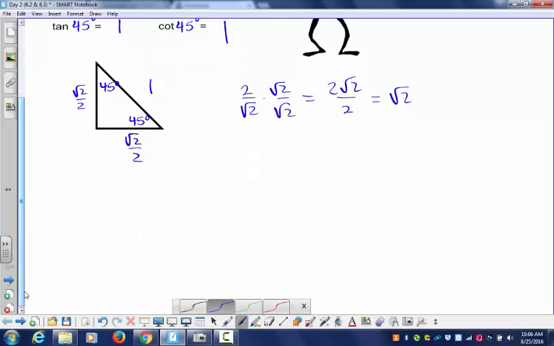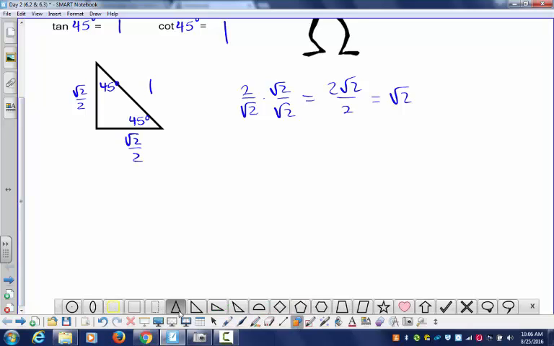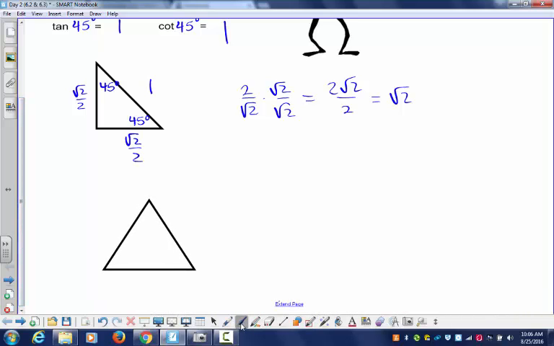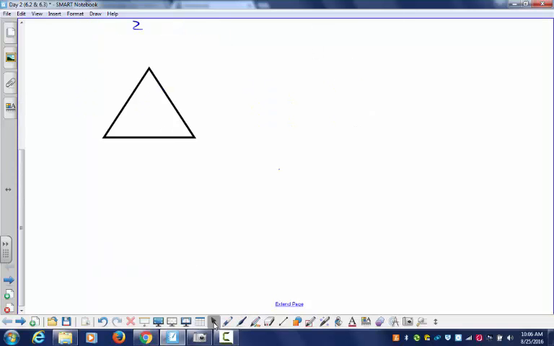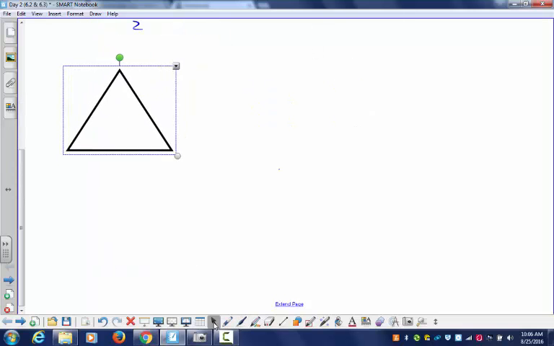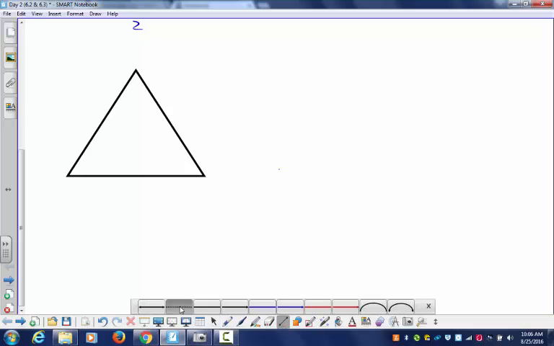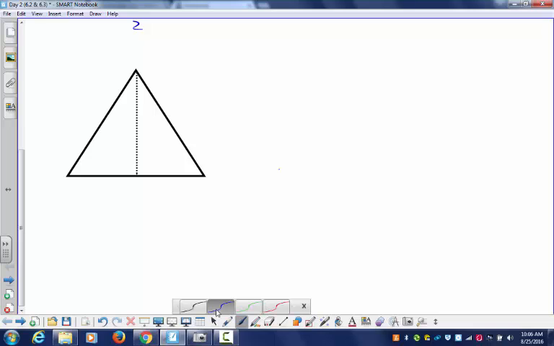All right, the other one that was super important that we did last class was the 30, 60, 90 ratios. And remember that what we did was split this triangle like that. And what we did was choose 2 as the side length, which made each of these pieces 1 if we split this.